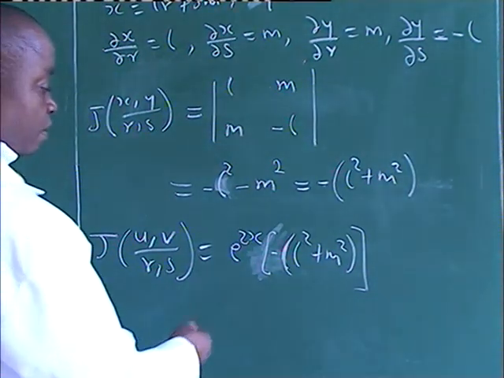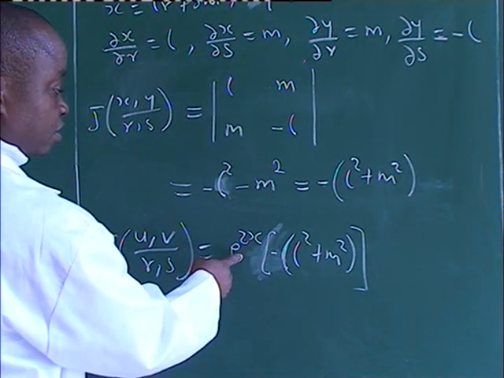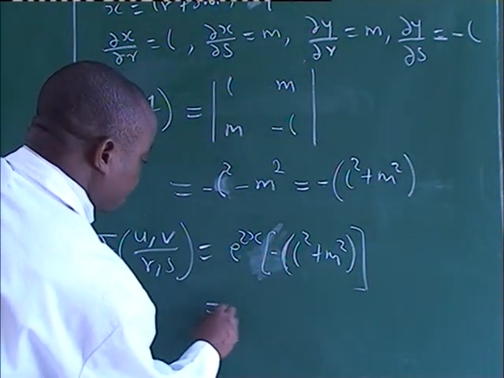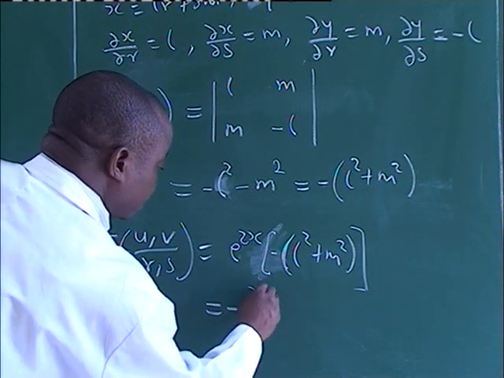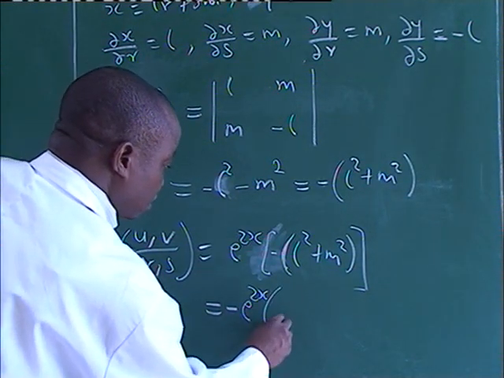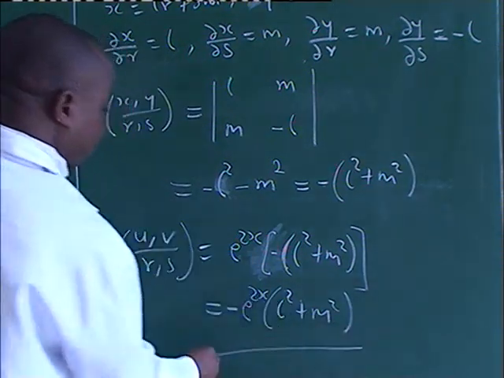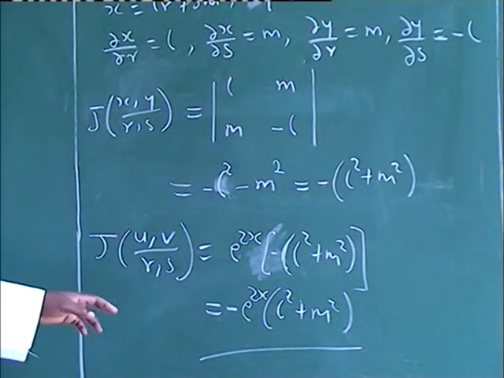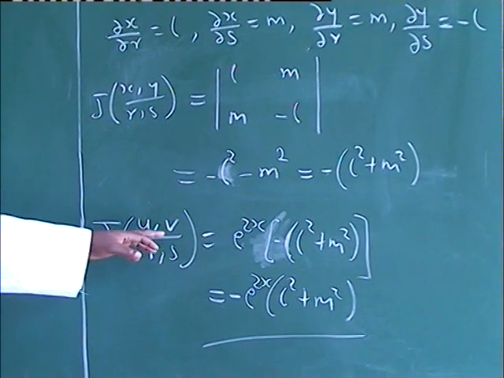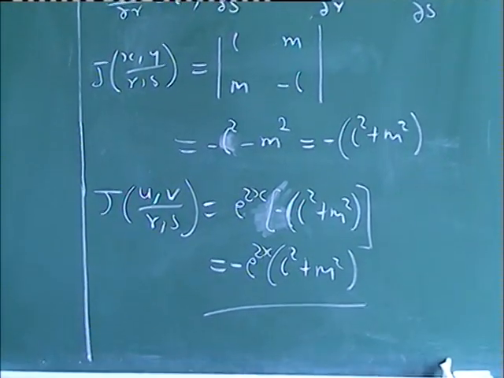We have the same thing as minus e^(2x) times L squared plus M squared. So that becomes the Jacobian of uv with respect to rs.